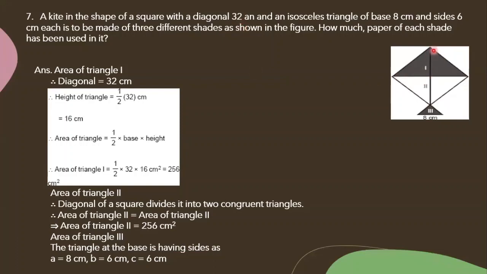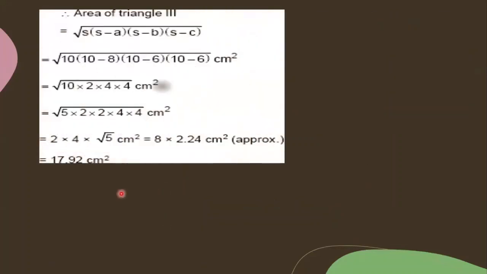And the height value we found, that is half into diagonal. Then this square, by the diagonal they divide into 2 parts. These 2 areas we have got. And the third part we have used Heron's formula to find the area, that is square root of s into s minus a into s minus b. So we have got that area 17.92.